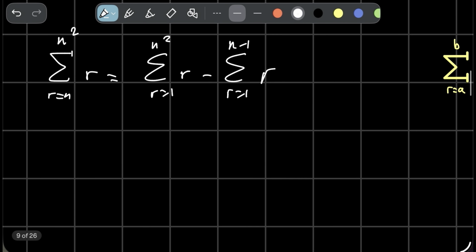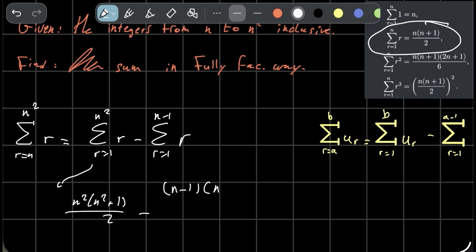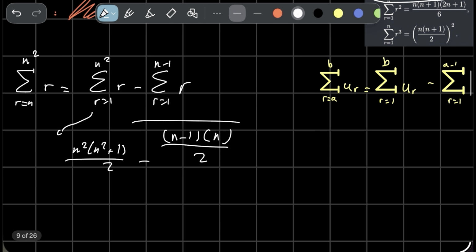For this one we'll use the formula bank, of course, okay? So it's n times n plus 1, but n here is n squared, so it's n squared times n squared plus 1 over 2, minus, we will use the same one, but instead of n we put n minus 1. So it's n minus 1 times n minus 1 plus 1, which is basically n, over 2, and that's it.